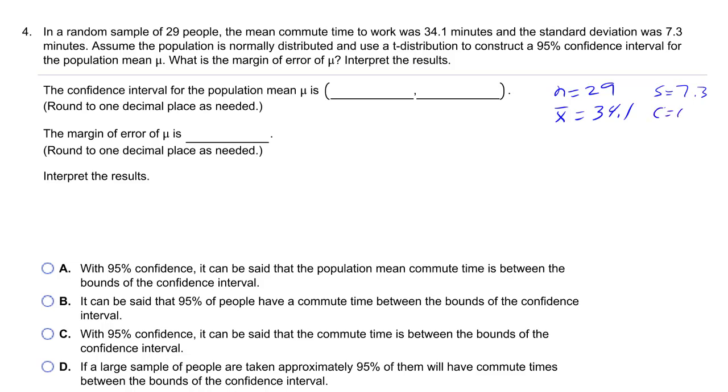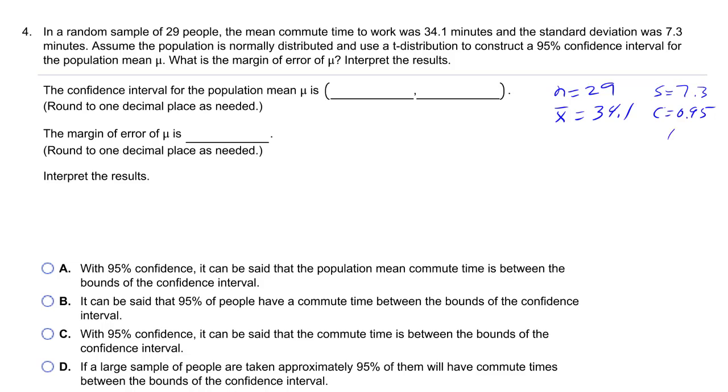So C is 0.95. All right, so again, we're going to need to go and build the margin of error using a looked-up critical t-value, and then build that into our confidence interval.